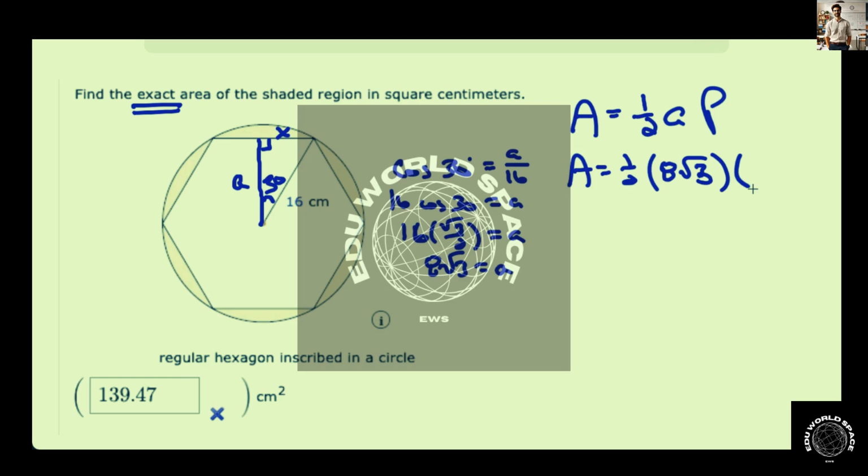We can either use Pythagorean theorem to complete, or we could write another relationship, this time using sine, because x, which is on the perimeter, is opposite the hypotenuse. We could say that sine 30 is equal to opposite over hypotenuse. So 16 sine 30 would be equal to x.